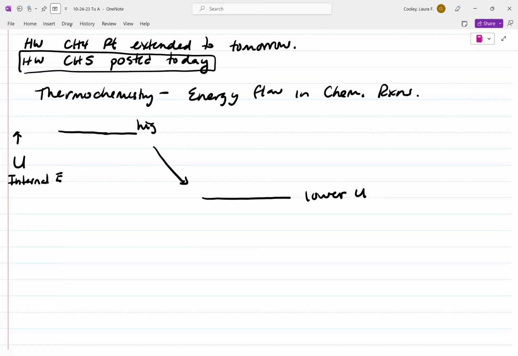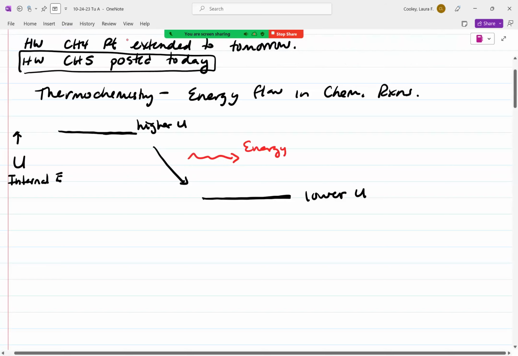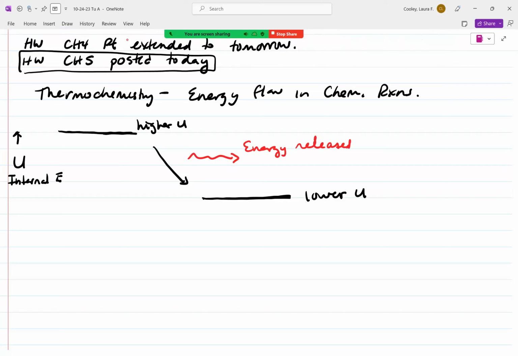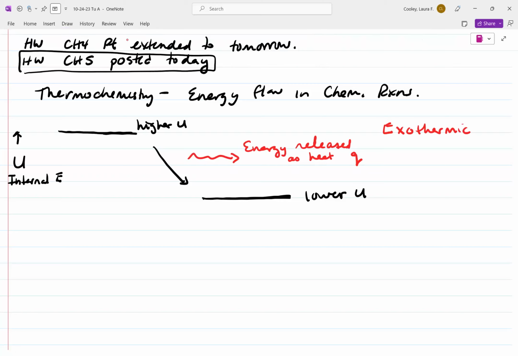The system has less energy than it had before. Where did that energy go? Does anybody remember? It gets released as heat, and we call heat Q. We say that this is an exothermic reaction, that is, when energy or heat is released.